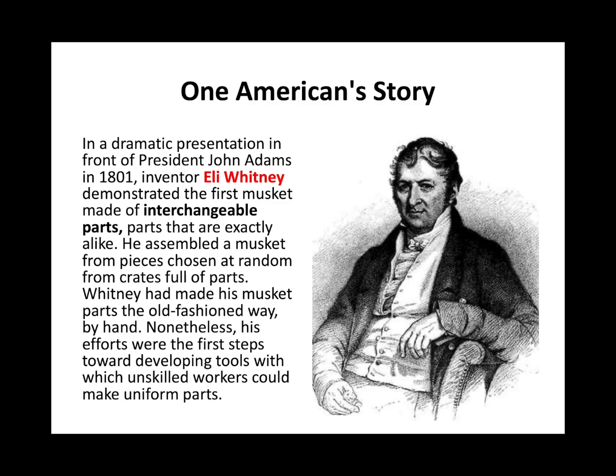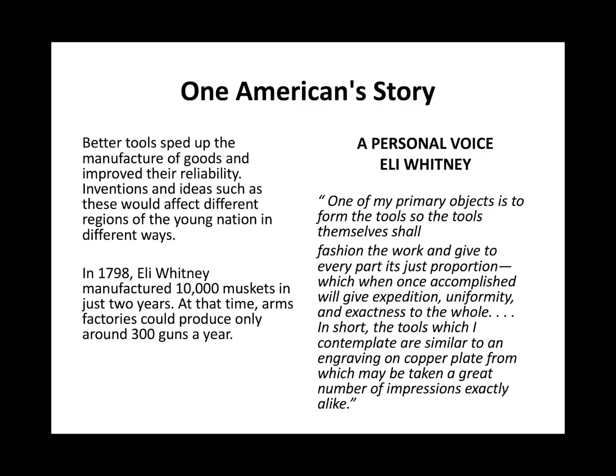Now, Whitney had his musket parts made in the old fashioned way by hand, but still this is the first time that interchangeable parts were made on anything. So this is going to change the way we see the world today and how things are manufactured.